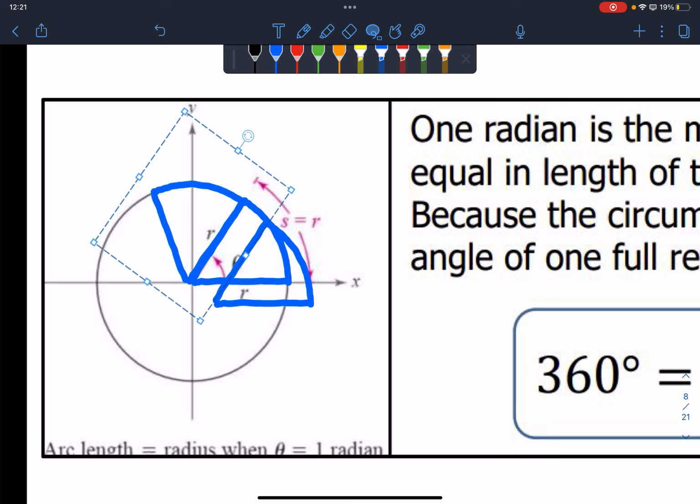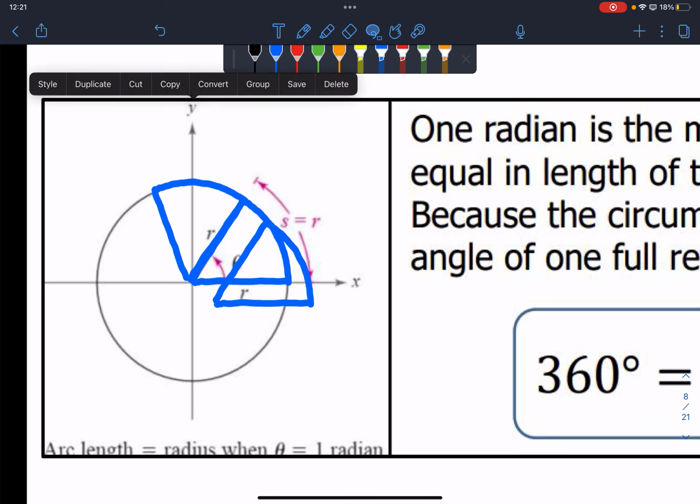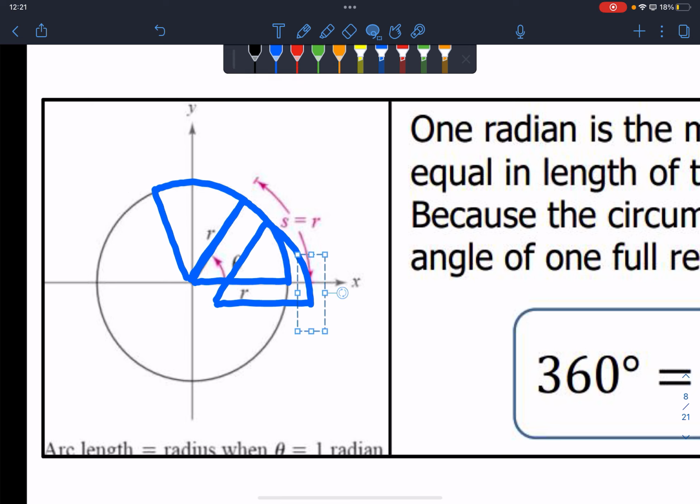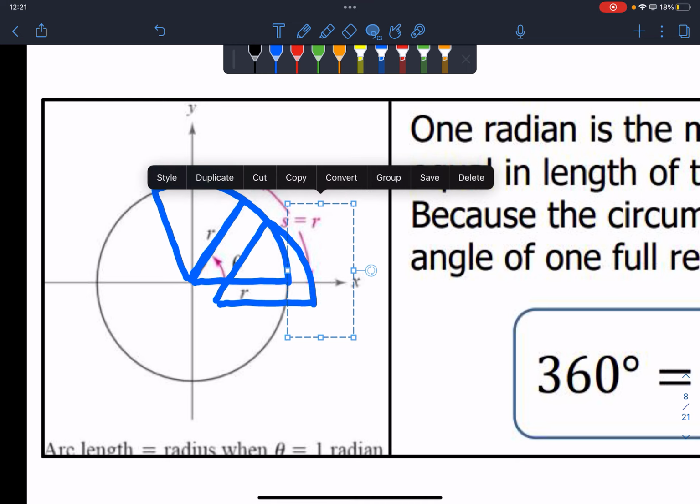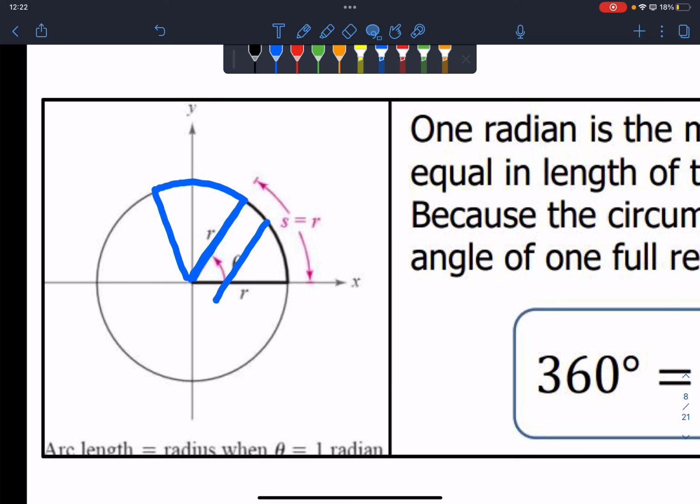And then you paste it, that's the second one. I should have done it before. Let's cut this.